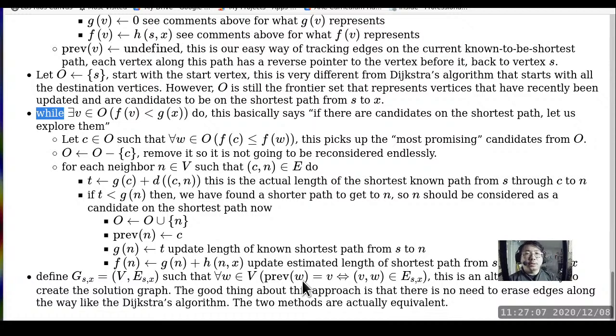To reconstruct everything, it is typical that people would start with the destination and ask, what is the vertex right before the destination? And then what is the vertex right before that one? And then we track that all the way, hopefully, back to vertex S. All right, so that's the overview of the algorithm.